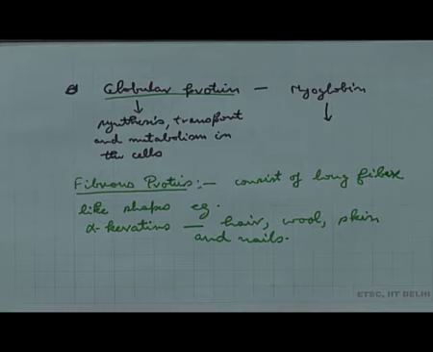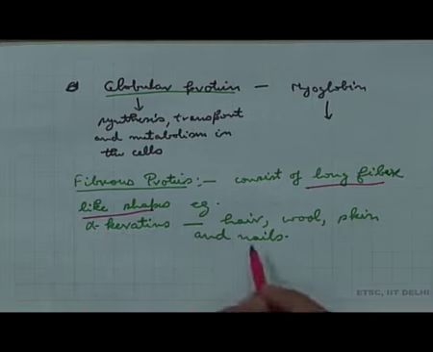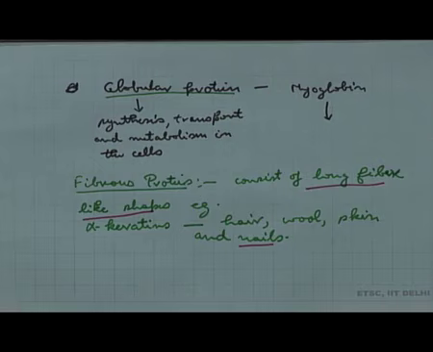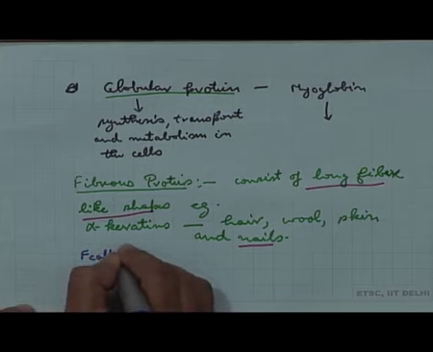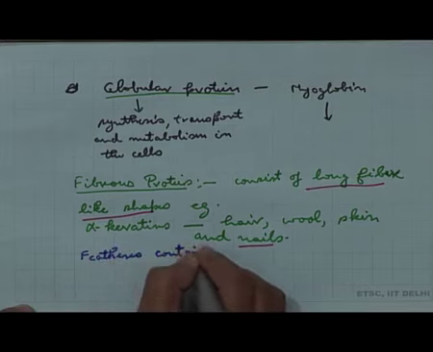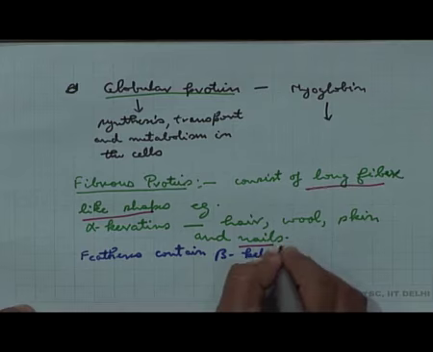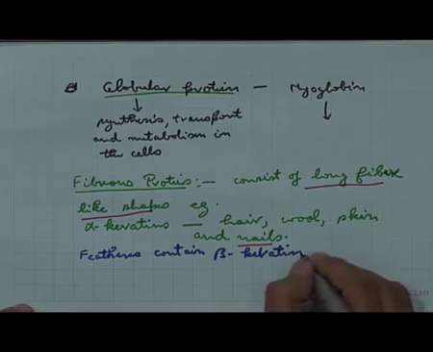So, fibrous protein consists of long fiber like shapes, and to exemplify it, alpha keratins make up hair, wool, skin and nails. Okay. Feathers contain beta keratin, with a large amount of beta pleated tertiary structure.